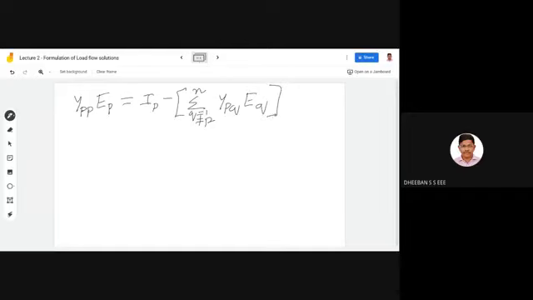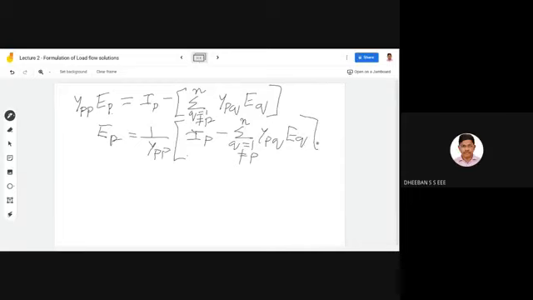and now what happens, you need the voltage. So voltage you keep separately at your left hand side and bring the Ypp to your right hand side. So it will be 1 by Ypp, and this will be occupied by Ip minus summation q equal to 1, which is not equal to p, to n, Ypq into Vq.